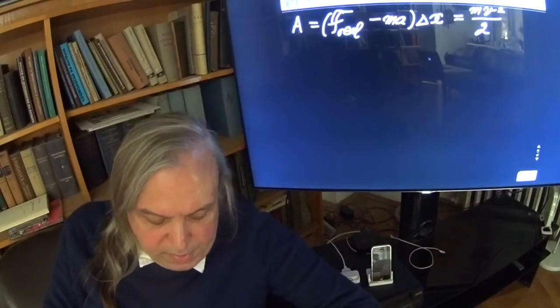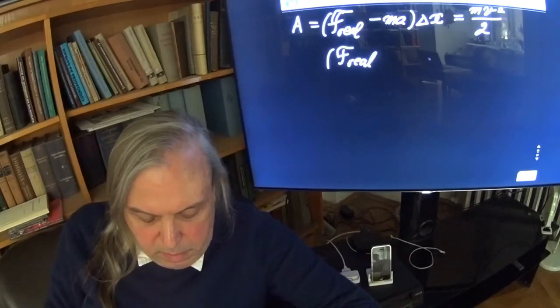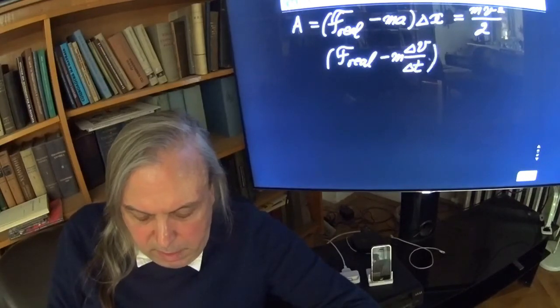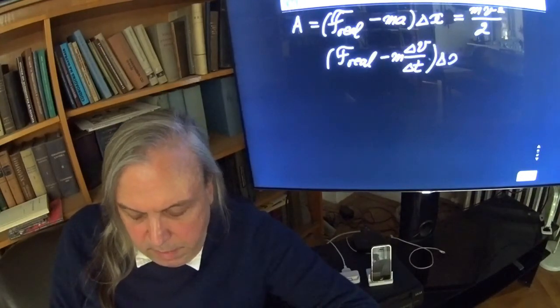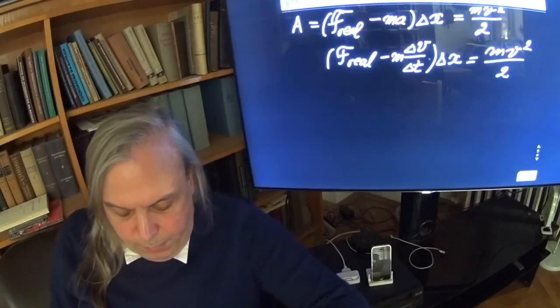This may also be written as F real minus m delta v over delta t, times delta x, equals m v squared over 2.